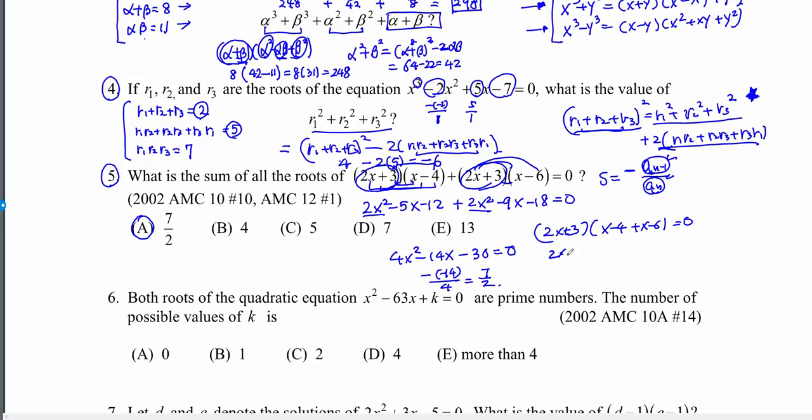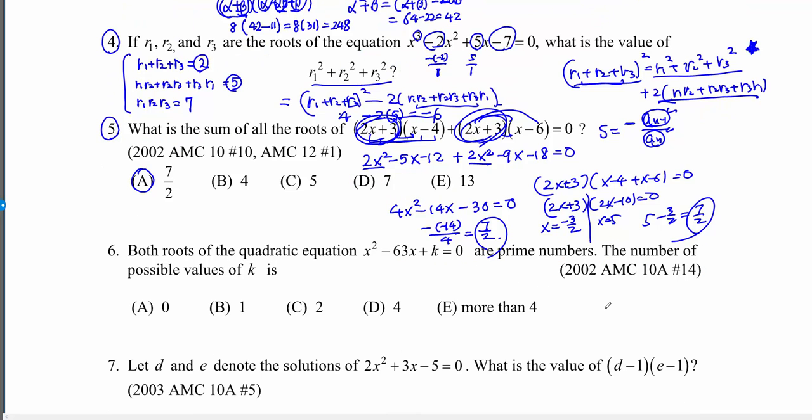But this is 2x plus 3. The second one is what? 2x minus 10. So from here we can find the two roots. One root is negative 3 over 2. The other one is 5, isn't it? Yep. So 5 plus or minus 3 over 2 is what? 7 over 2, right? Same number. Okay? Yeah, this is right. We can factor, okay? Yep.